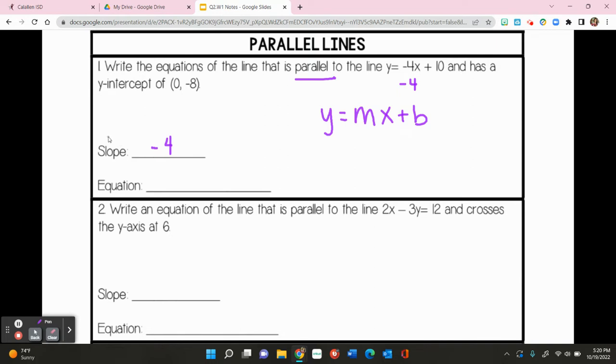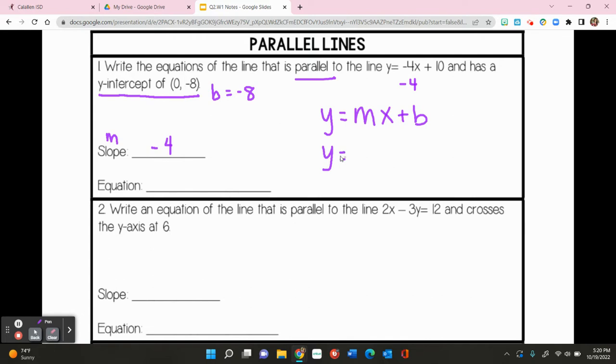So I already know that my m is negative 4, and it tells me my y-intercept is 0, negative 8. So that tells me that b equals negative 8. So I'm going to take these two pieces of information and plug them into my slope-intercept formula.